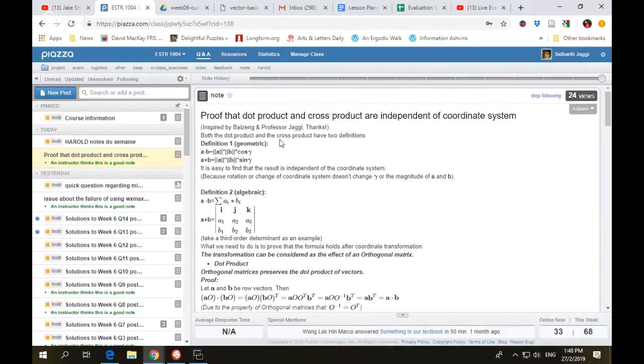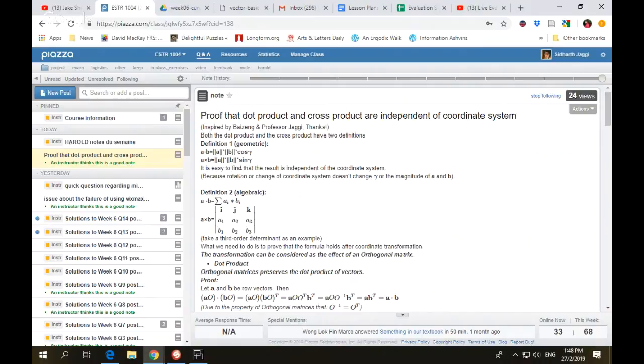When you first saw dot products and cross products, which you may have seen even in high school, even before this class, you were typically taught two different definitions for both. One of them was geometric, in terms of the lengths of the two vectors and the sine or the cosine of the angle between them.